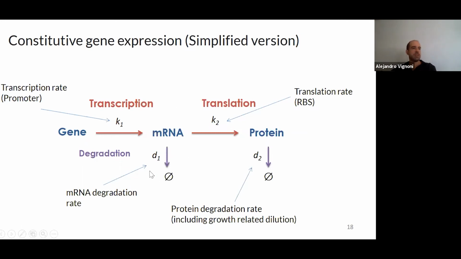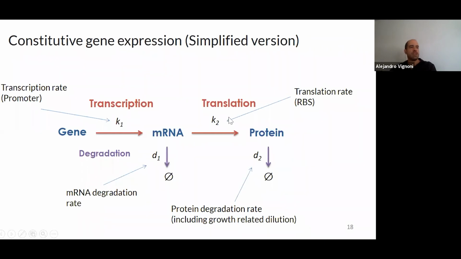So RNA is degrading at the rate D1, and protein is also degrading at the rate D2, which also includes the dilution related to growth, because the proteins that we will use in general are very stable, so they are getting diluted with growth. With DNA, the degradation rate is much faster, so it's not necessary to do that, okay? We will talk later.